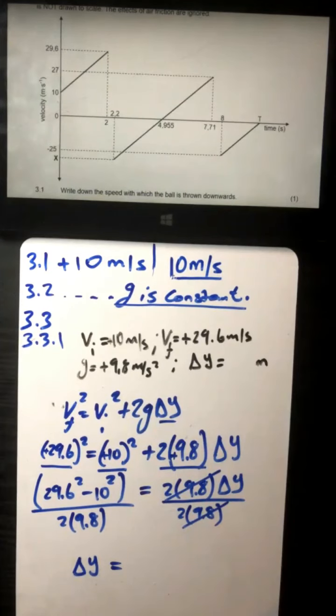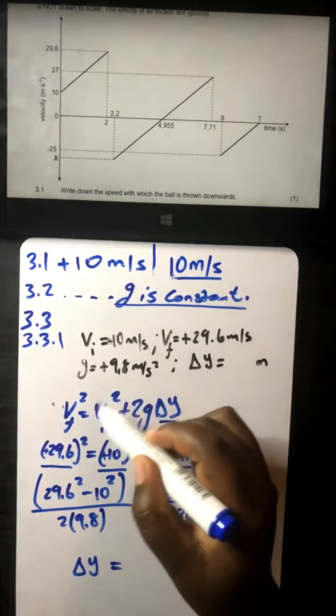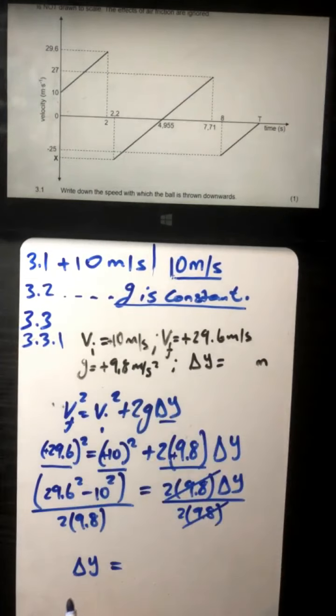Be careful between the velocity of V initial or V final going up, or going down. So that sign, positive or negative, applies to G, V initial and V final. Oh, okay. All right.